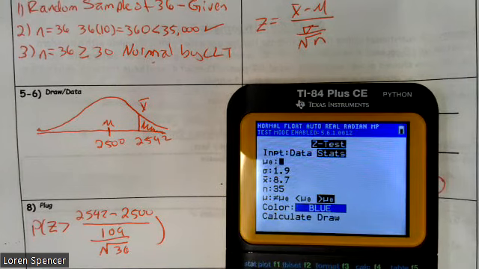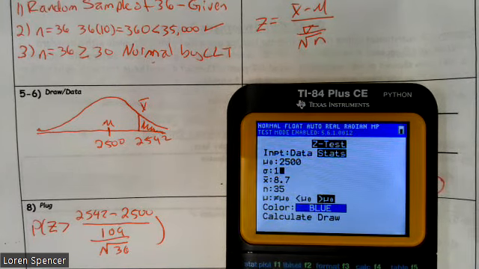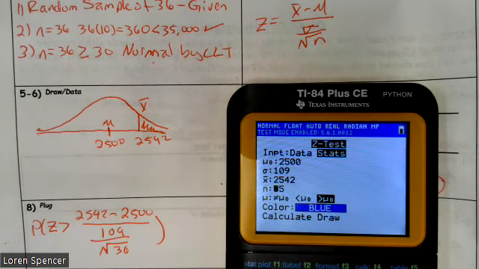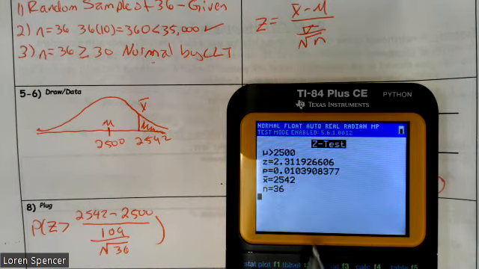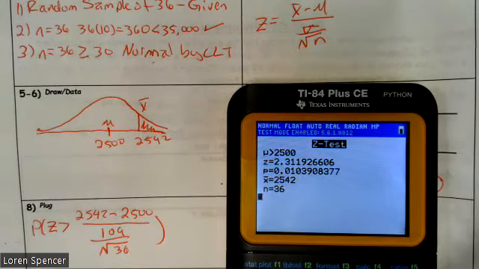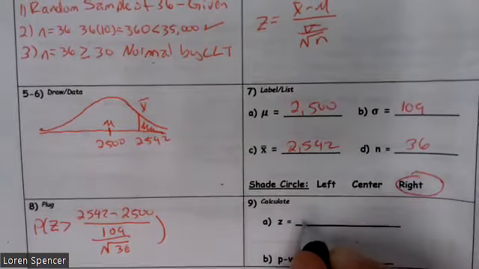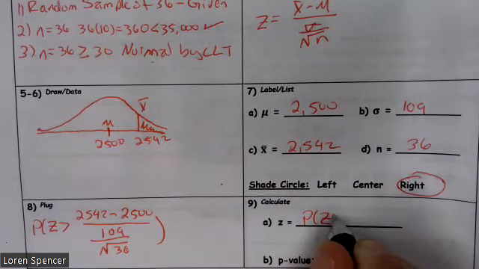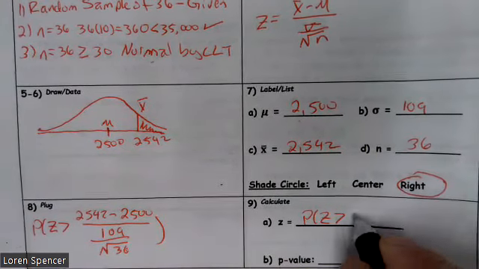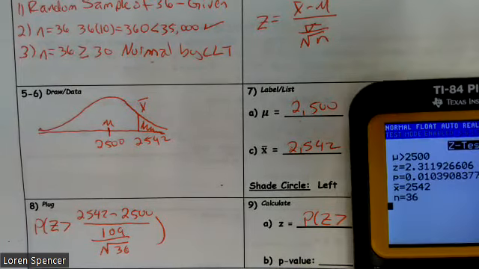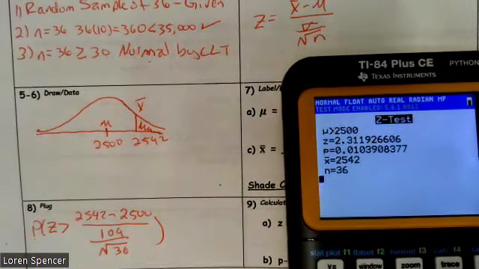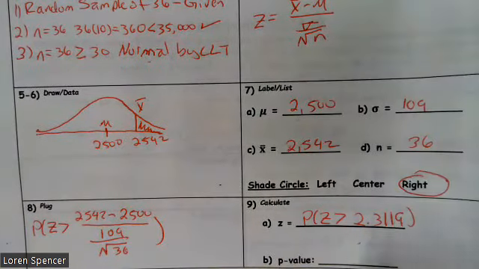Press enter. Our mean was 2,500, standard deviation 109, x bar 2,542, sample size 36, and we shade greater than. I get a z-score of 2.3119. The probability that z is greater than 2.311 is what we're looking for, and that probability is our p-value, which is 0.0103.